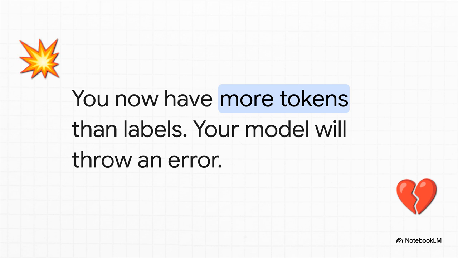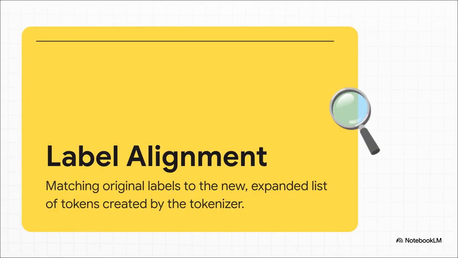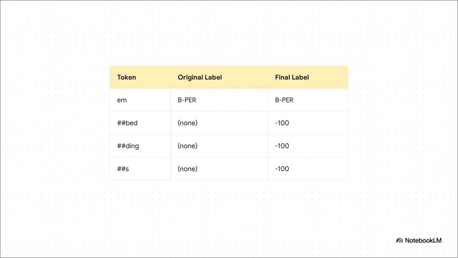So what's the fix? Well, the solution is this really clever process called label alignment. The whole goal here is to create a new list of labels that is the exact same length as our new list of tokens, and we have to be really smart about how we label those extra subtokens. The standard way to do this is actually pretty simple but brilliant. We take our original label, the B-per, and we assign it to the very first subtoken.